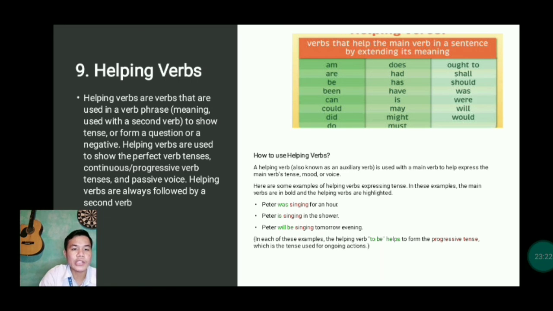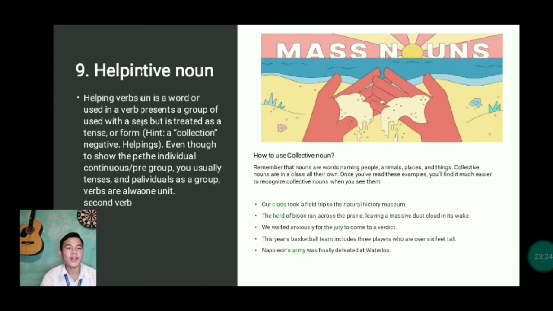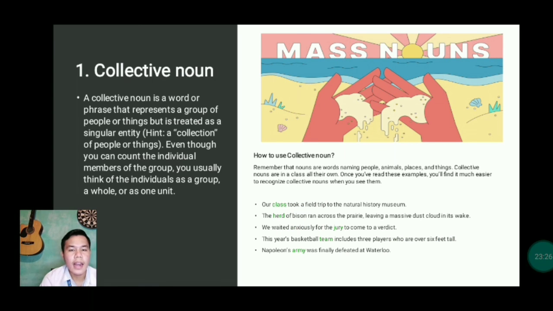which is used for ongoing action. Here we are on our last topic, which is the collective noun. A collective noun is a word or phrase that represents a group of people or things but is treated as a singular entity. Even though you can count the individual members of the group, usually you think of them as a group, a whole, or a unit.